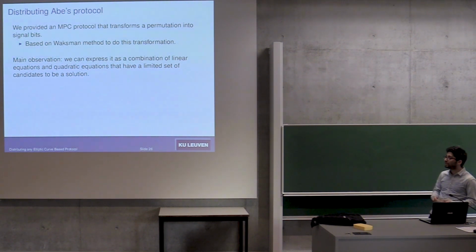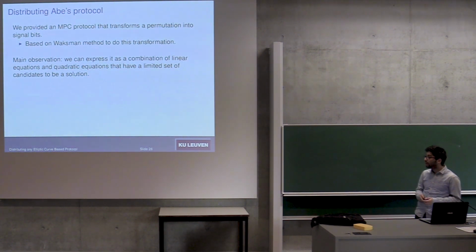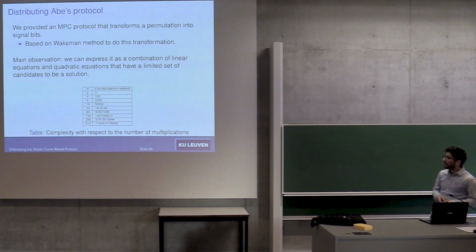And that was very helpful in order to optimize the computation. So we computed the complexity of this algorithm with respect to multiplication because that's the only operation that requires communication. And as you can see, it grows polynomially with the number of messages.